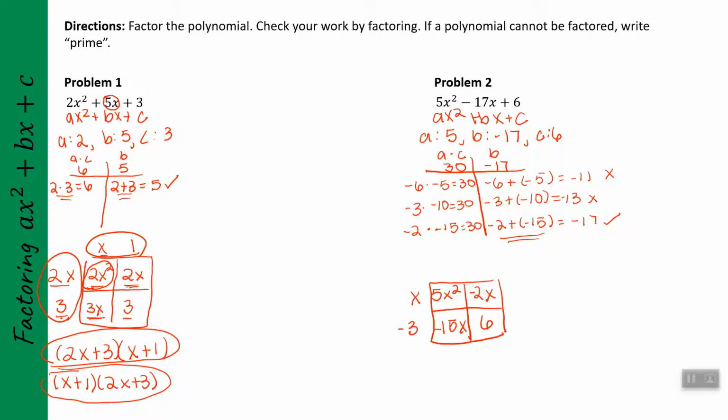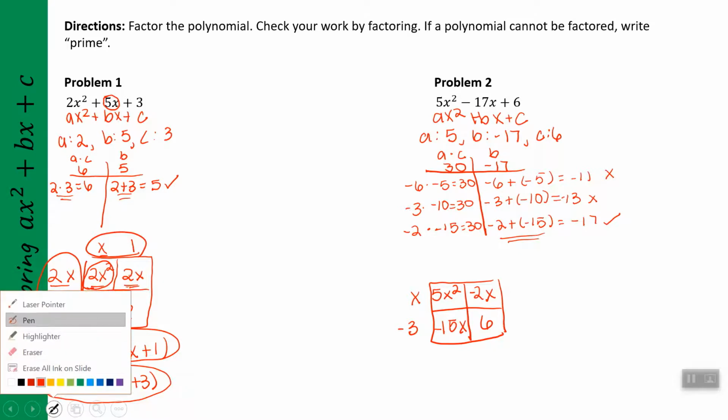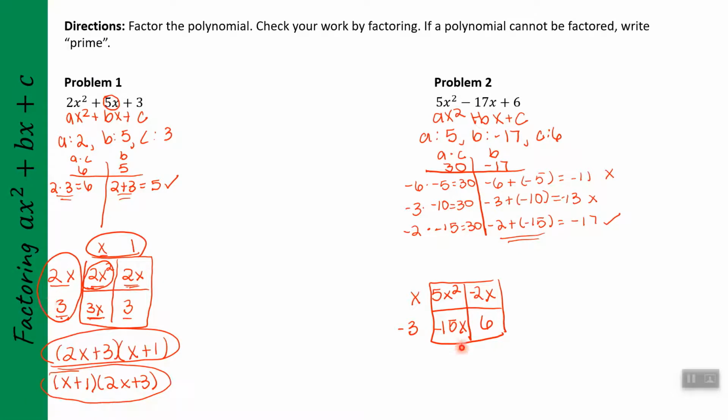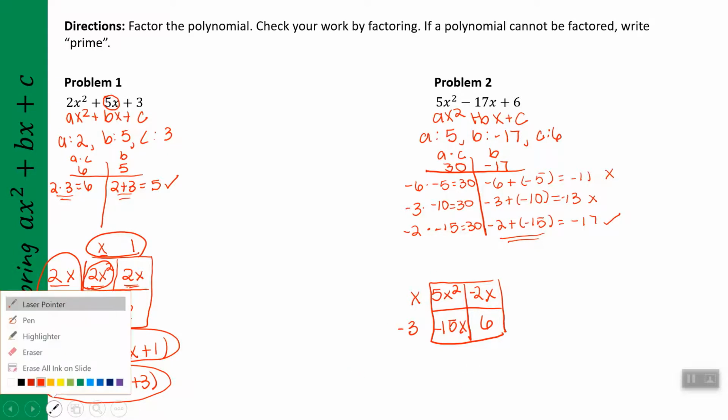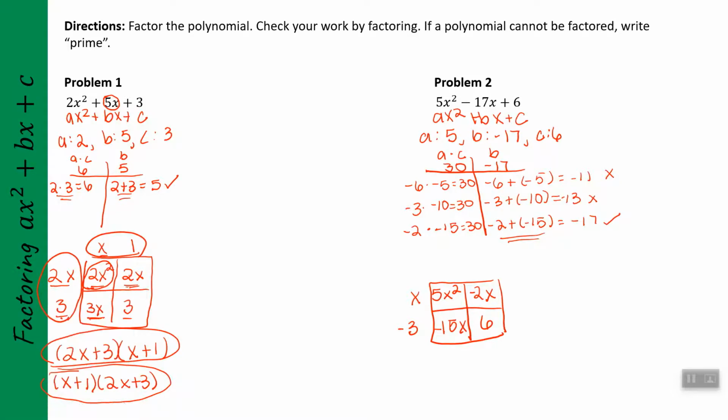You could pull it out when the second column is negative, but I like to stick to one method and one way of doing it. So anytime this first column has something that's negative, I pull out a negative, and that's just a habit. That's just normally what I do. Again, you could switch it up, and that's fine. You should end up with the same factors either way.